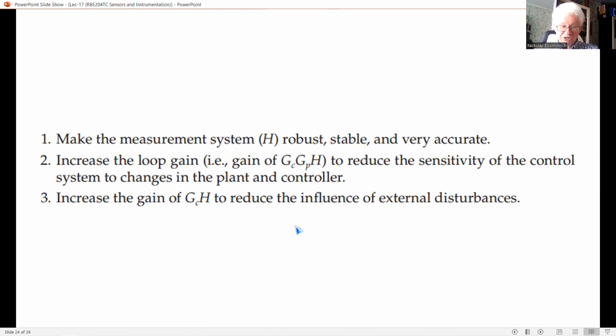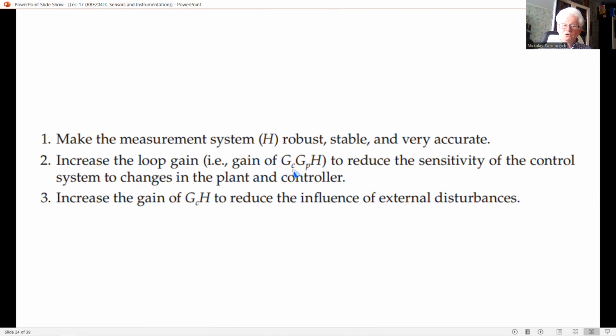In practical situations, the plant G sub P is usually fixed and cannot be modified. And furthermore, once a suitable and accurate measurement system is chosen, H is also fixed. And hence, most of the design freedom is available with respect to G sub C only.